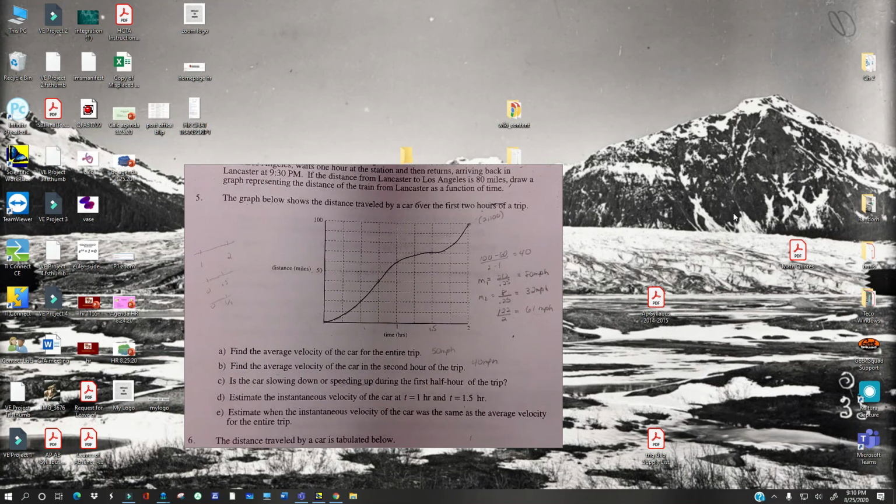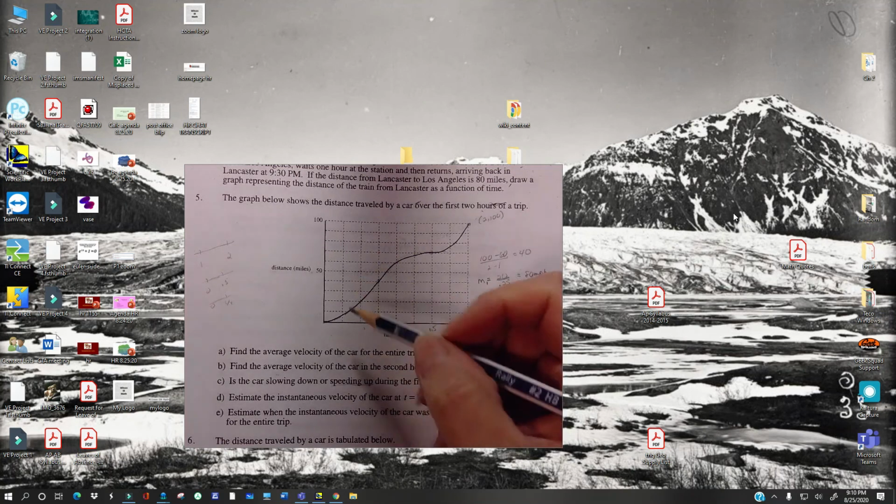So average velocity is represented by the slope of a secant line, and instantaneous velocity is represented by the slope of a tangent line. And if average velocity is going to equal instantaneous velocity, then their slopes must be the same, right? Meaning we're having parallel lines.